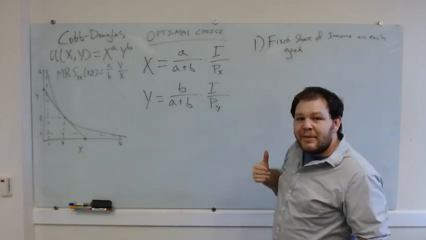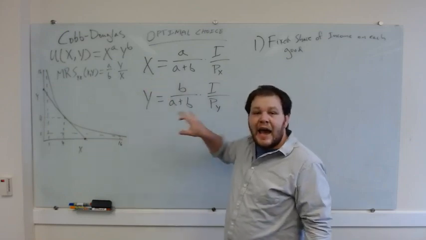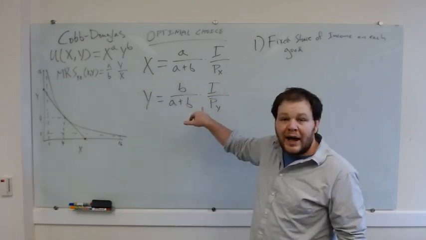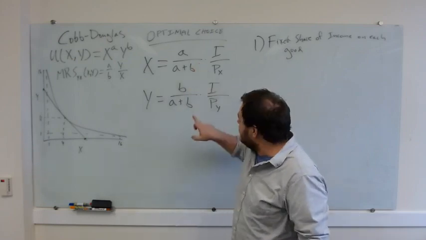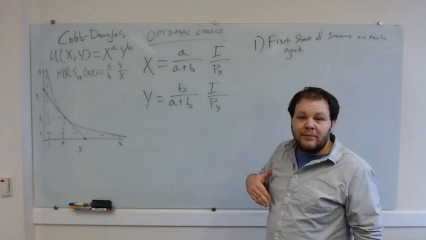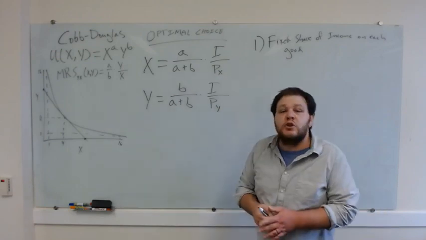I mean that if we thought about Px times X and Py times Y as our spending on X and our spending on Y, we're always spending A over (A plus B) of our income on X and B over (A plus B) of our income on Y. So these are really great preferences for describing products where that's true.